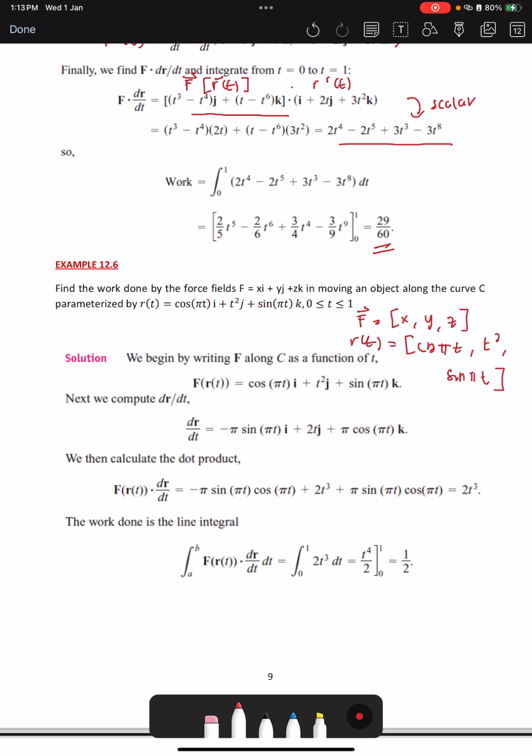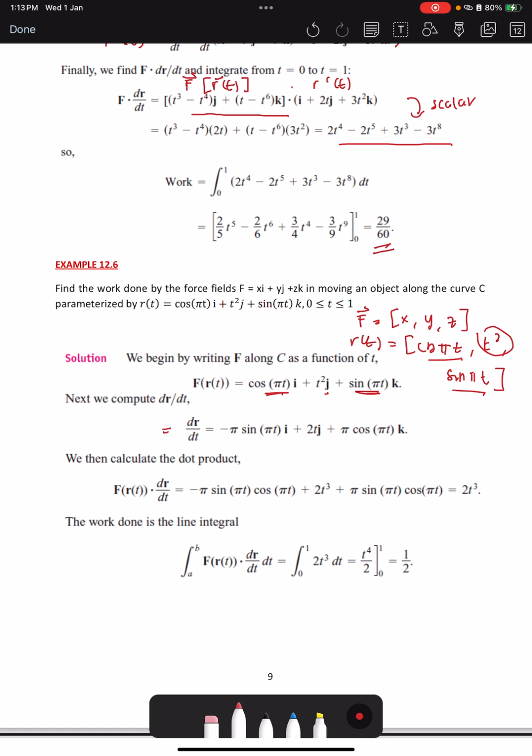Alright, F(r) in terms of x, y, and z: x is cos pi t here, t squared here, and then this one sine pi t.